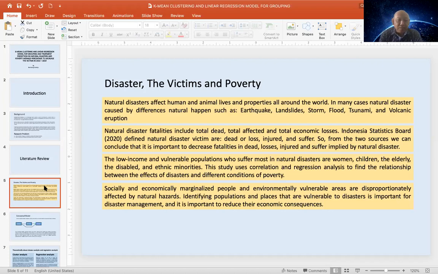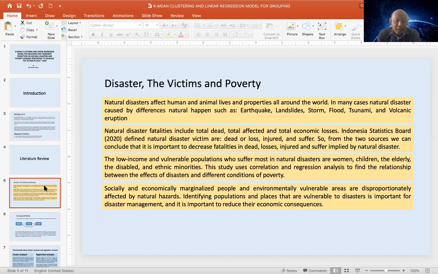Natural disaster fatalities include total deaths, total affected, and total economic losses. The Indonesia Statistic Board defines natural disaster victims as death or loss, injured, and suffering. So from the two sources, we can conclude that it is important to decrease fatalities in death, losses, injury, and suffering caused by natural disasters.